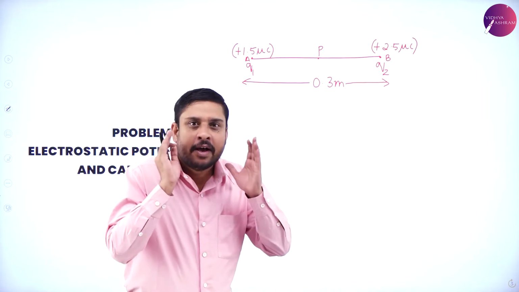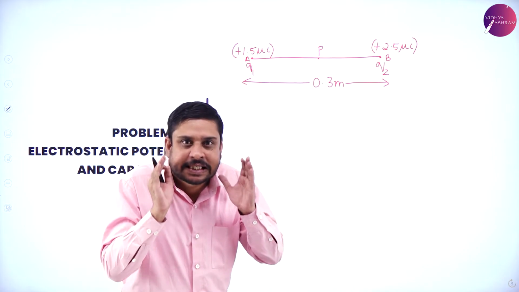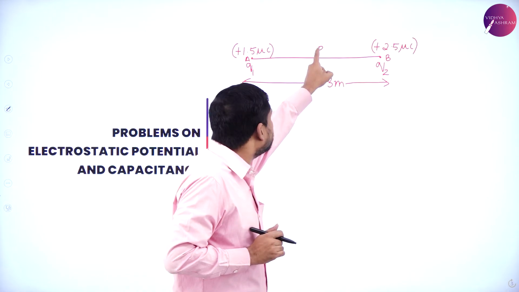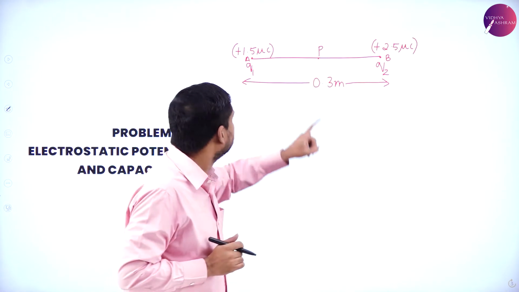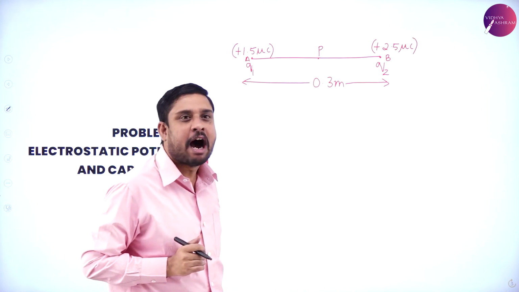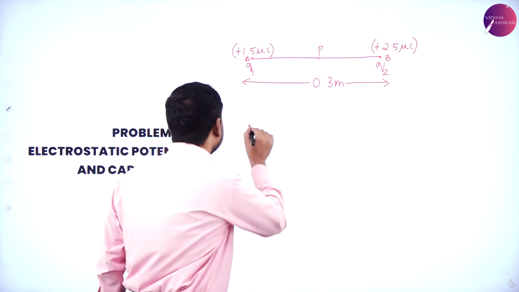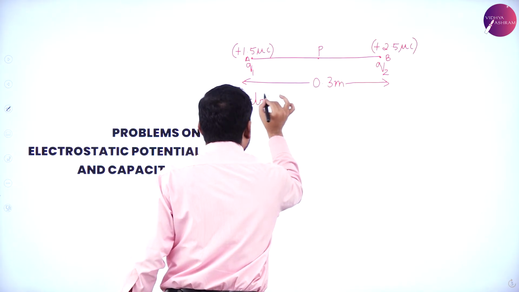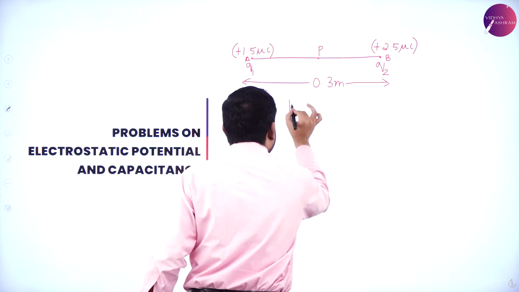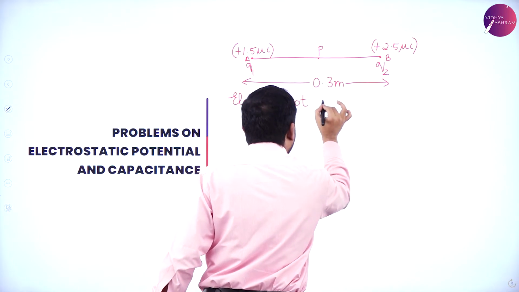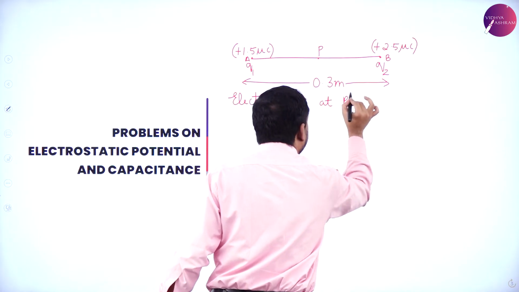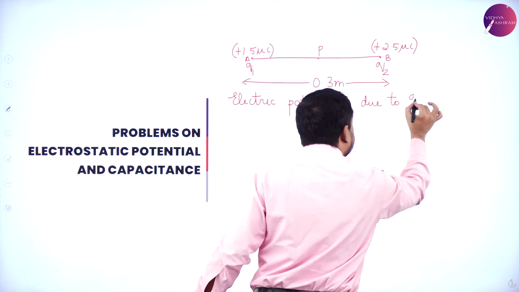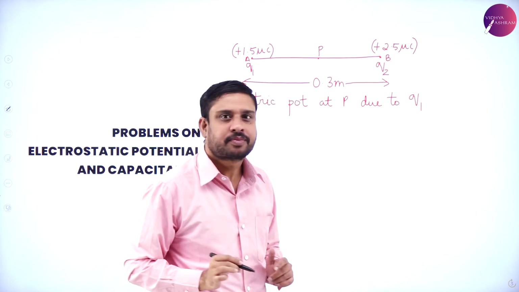Now, first I will calculate potential at P due to the charge Q1.